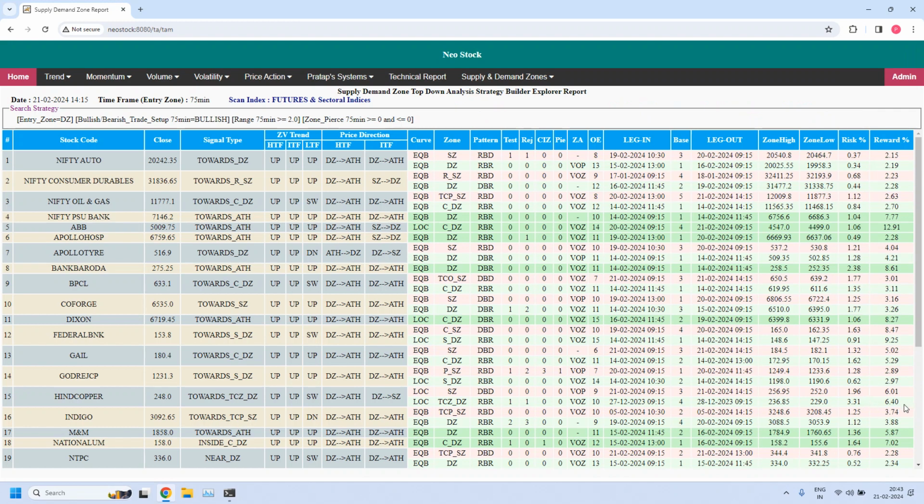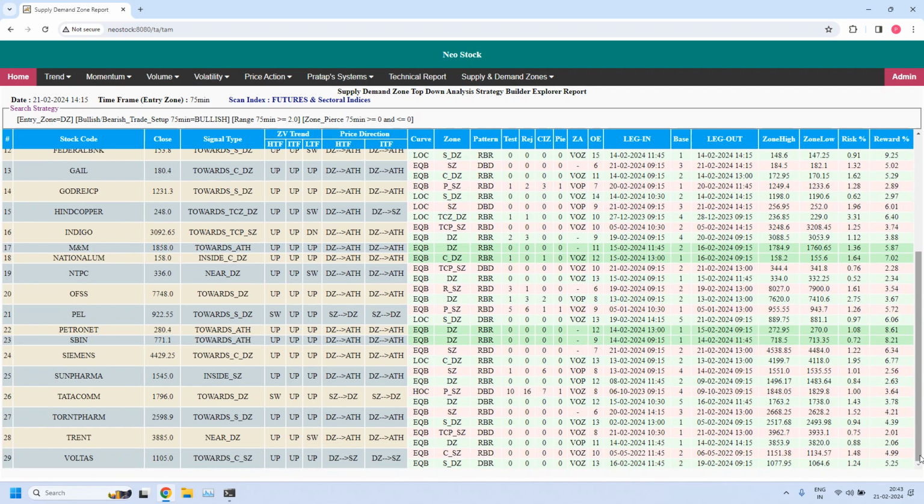Now all these stocks are currently supporting bullish trade setup and having a minimum reward of 2% between 75 minutes demand zone and supply zone. So total 29 stocks are filtered.